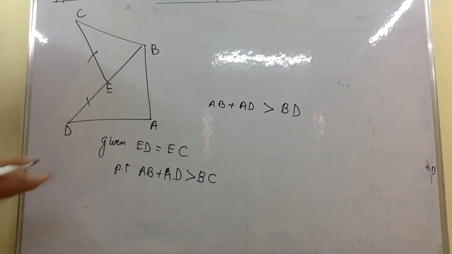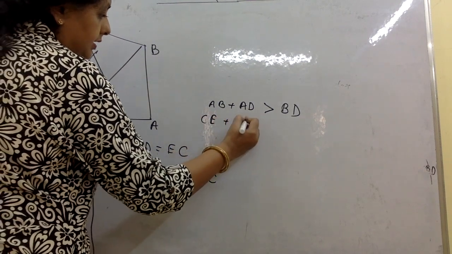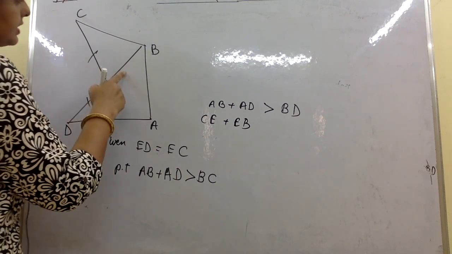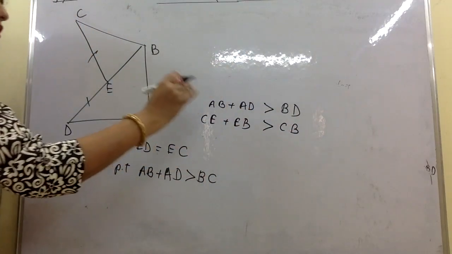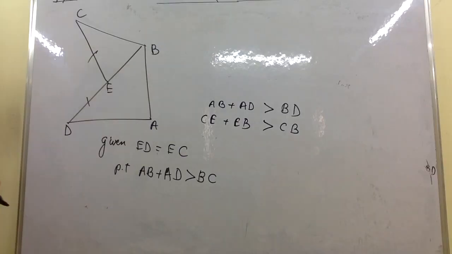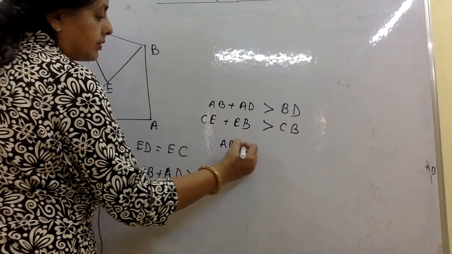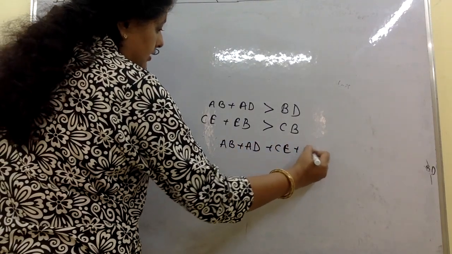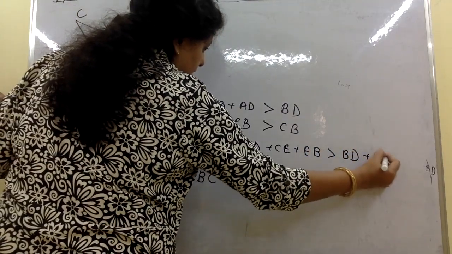Then CE plus EB. In this triangle, CE plus EB is greater than CB. Now we have somehow brought CB into the picture in a different inequality. Here we'll add them. AB plus AD plus CE plus EB is greater than BD plus CB.